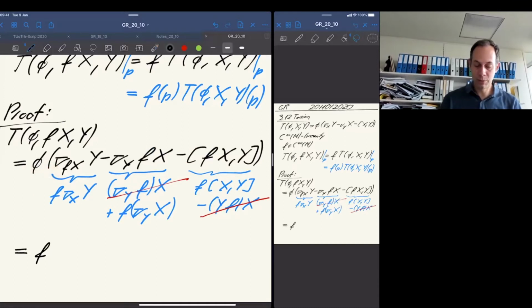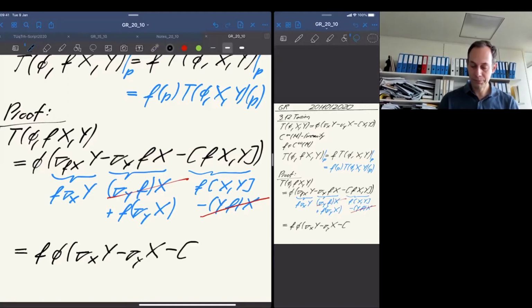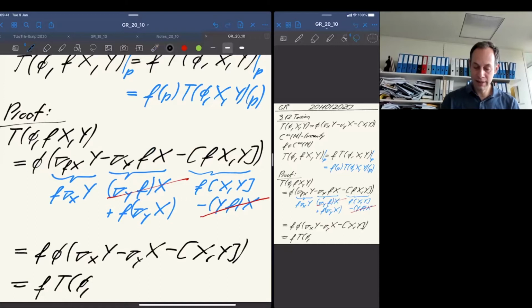So what we obtain after all these manipulations is essentially almost directly what we actually desire to have, namely this, which is of course f times T of phi, x, y. And that concludes the proof.